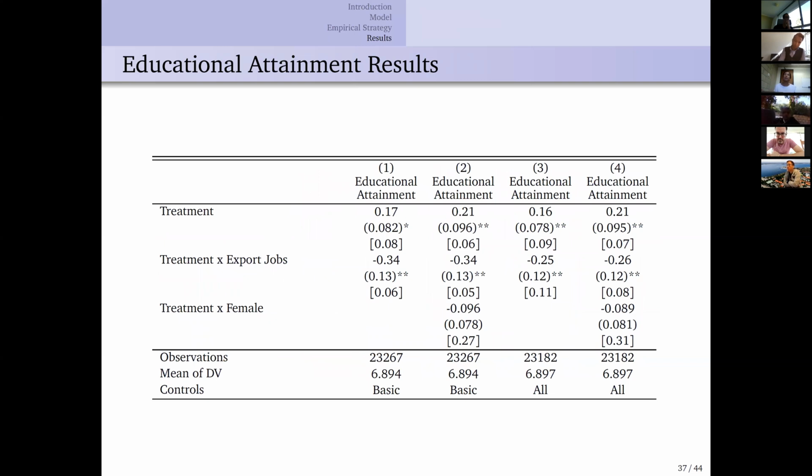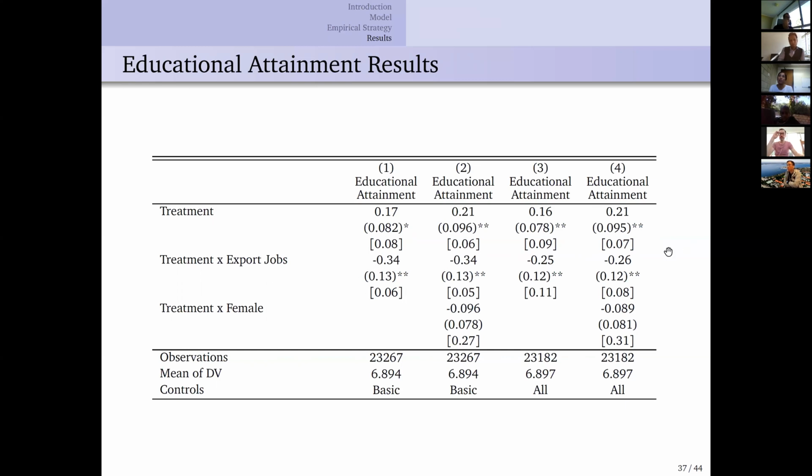Let's look at what happened when you had the treatment 2 years earlier. This coefficient tells you that on average, for a place with mean export jobs, treatment increased educational attainment by about 0.17 years, but this effect was a lot smaller for places with more export jobs.